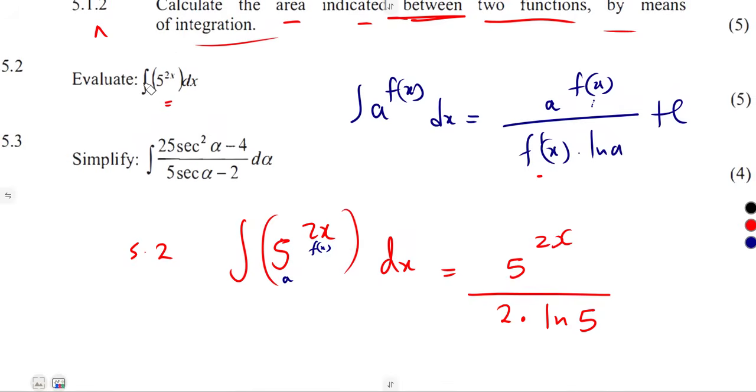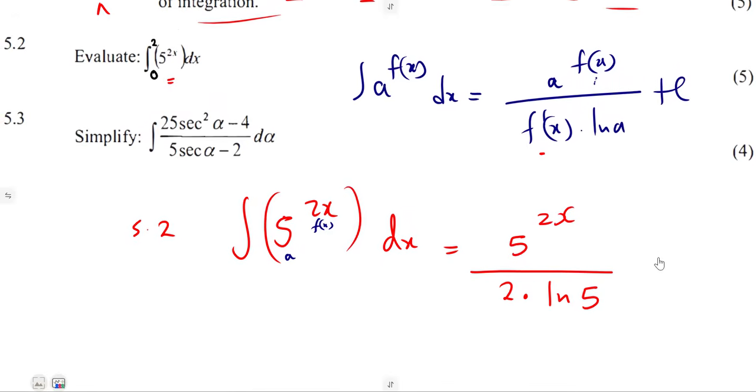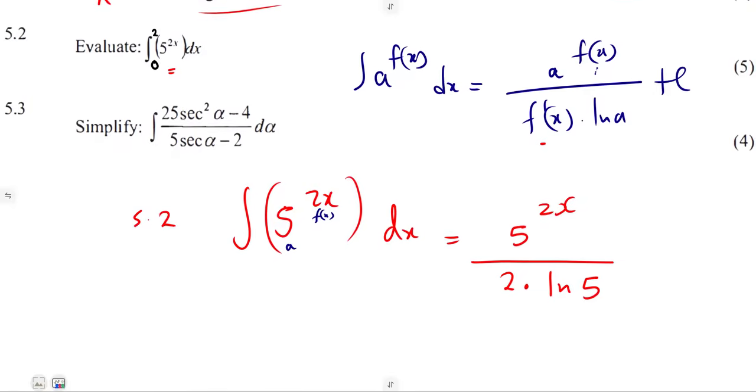I'm checking the question paper. There were limits here from 0 to 2, because I remembered that in my preparation I had a limit somewhere. Now I don't see it. Use your question paper. You're going to see that there are limits.